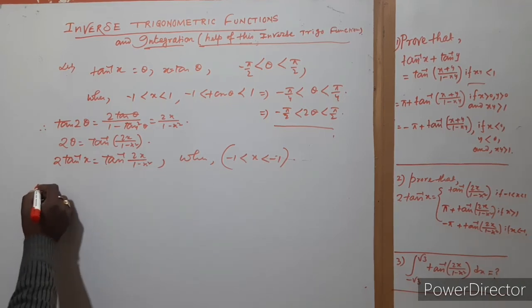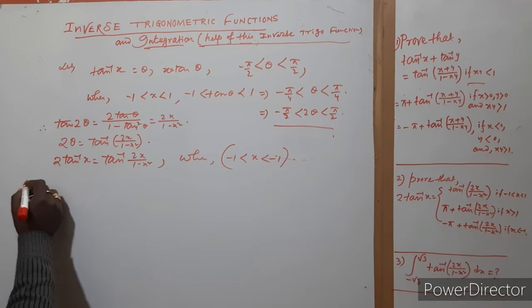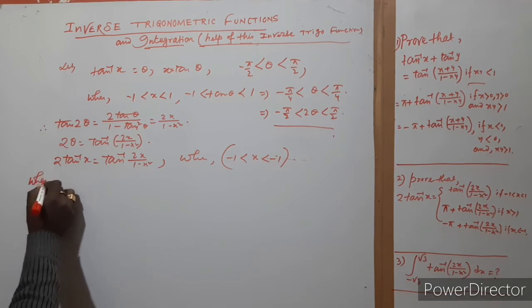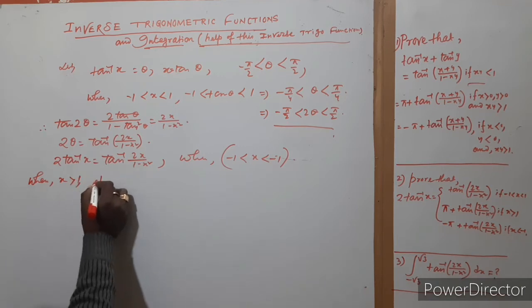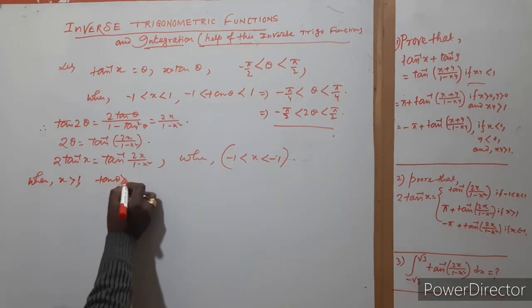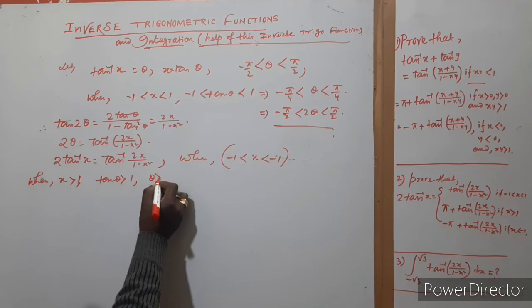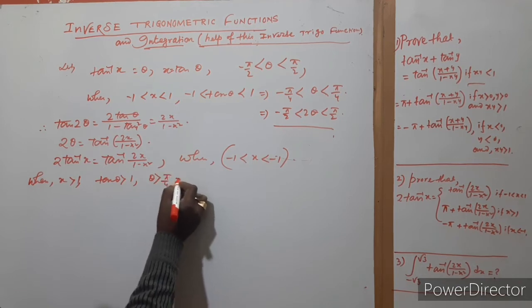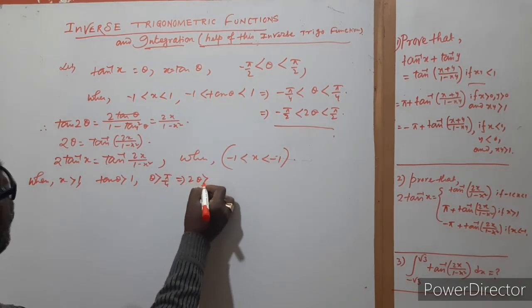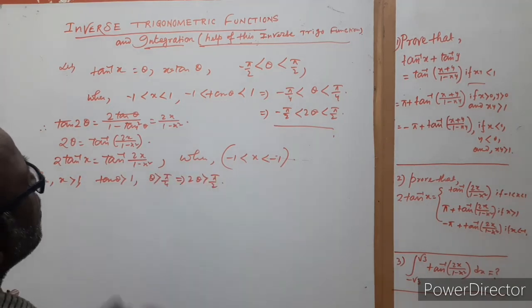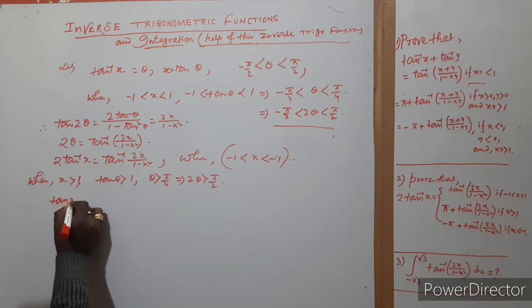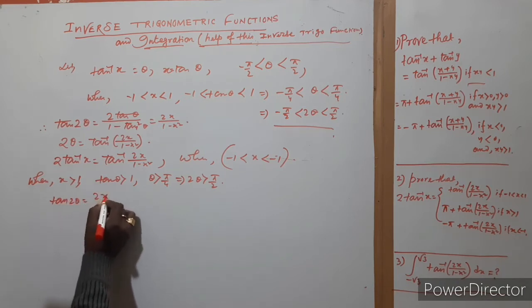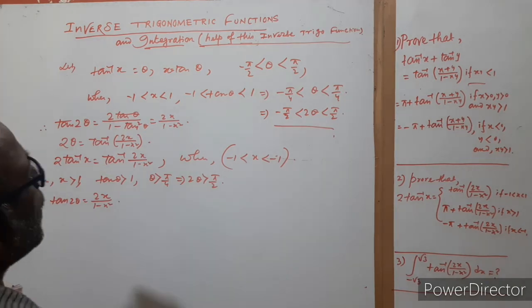Now when x is more than 1, therefore tan theta is more than 1, so theta is more than pi by 4, so 2 theta is more than pi by 2. Now tan 2 theta is equal to 2x by 1 minus x square.